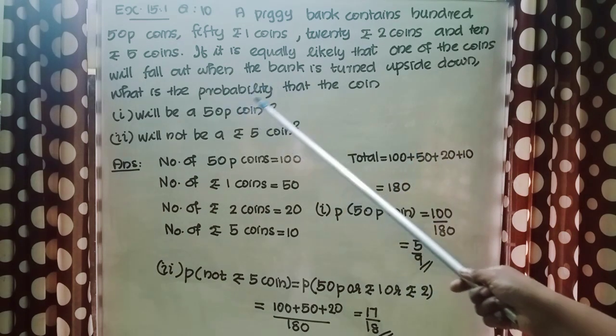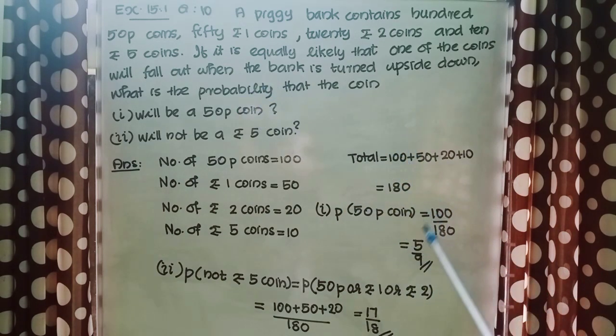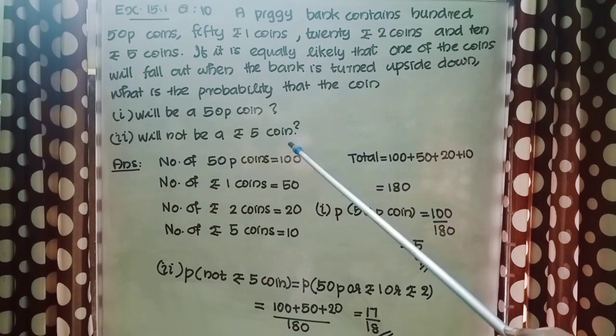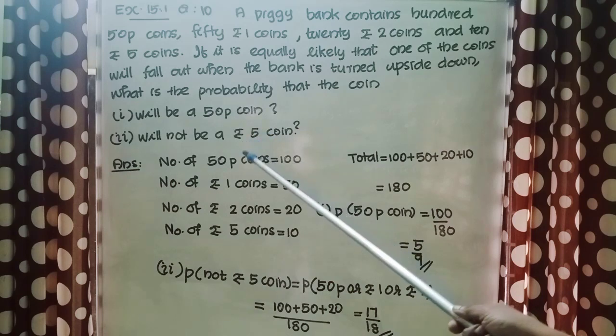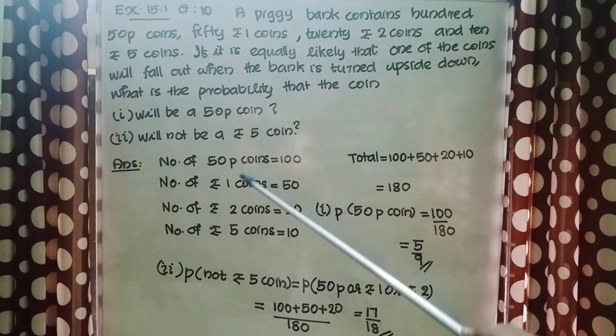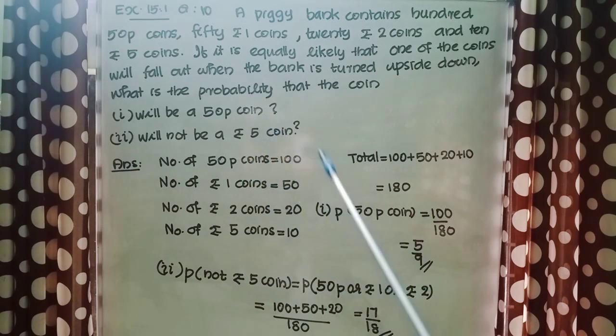First question, probability of 50 paise coin. 50 paise coins number 100. So the probability is 100 by 180 to the lowest form. The answer is 5 by 9. Second question, probability of not a rupees 5 coin. Not a rupees 5 coin means it can be 50 paise coin or 1 rupee coin or 2 rupee coin.